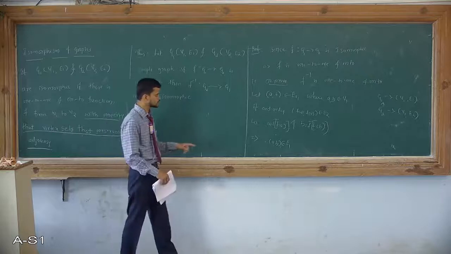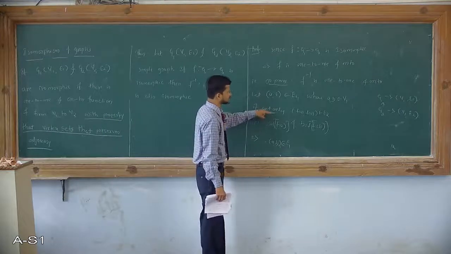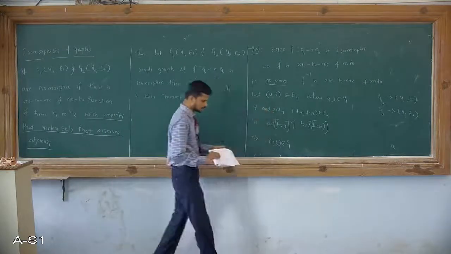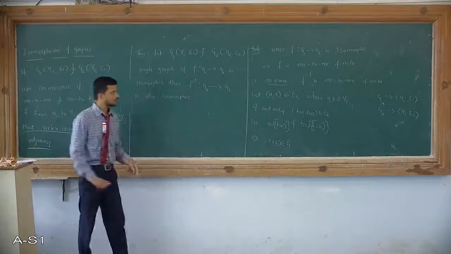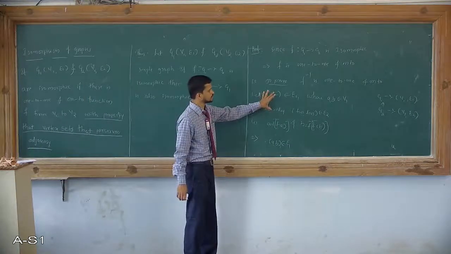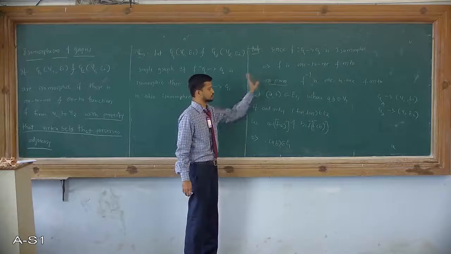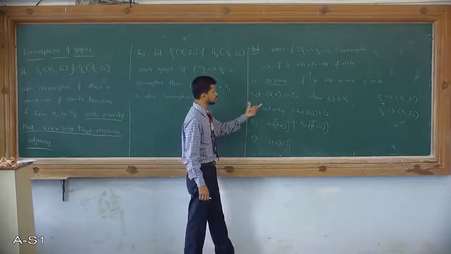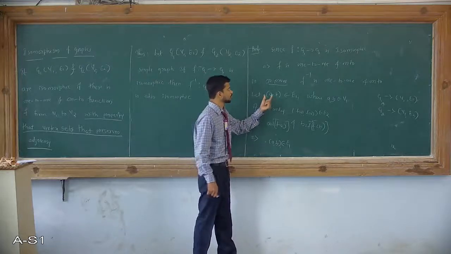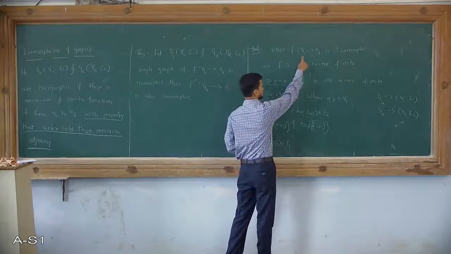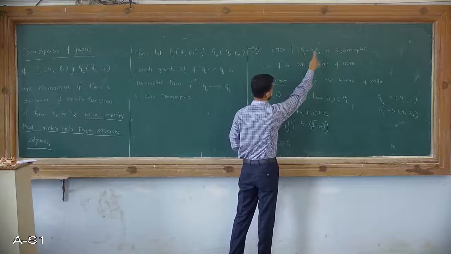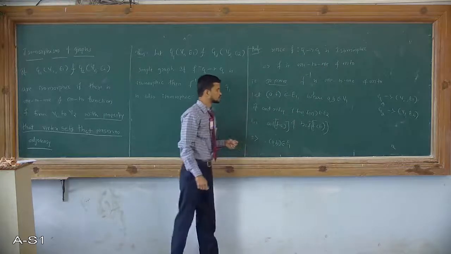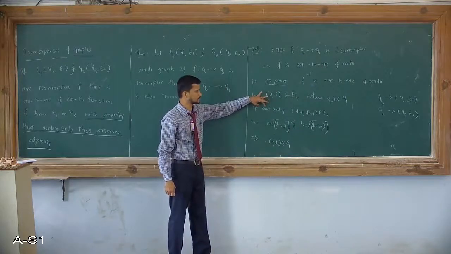So what we are trying to show here, I will repeat once again. This is the statement I have considered from the definition of F being an isomorphism. If F is an isomorphism, then if two vertices are adjacent in G1, the corresponding vertices are also adjacent in G2. That's why I use the words 'if and only if'.